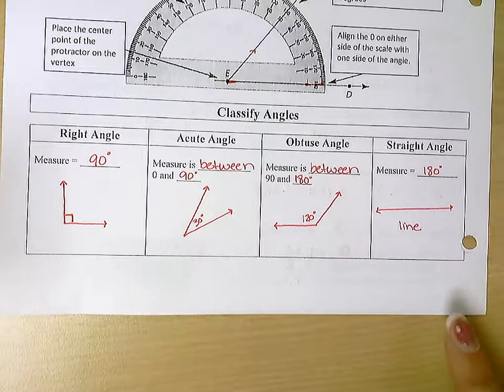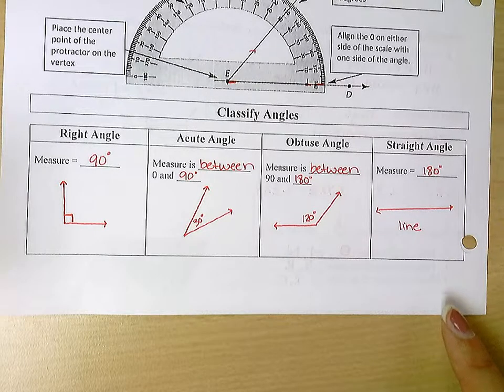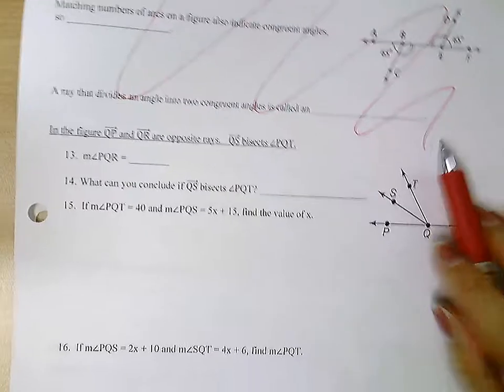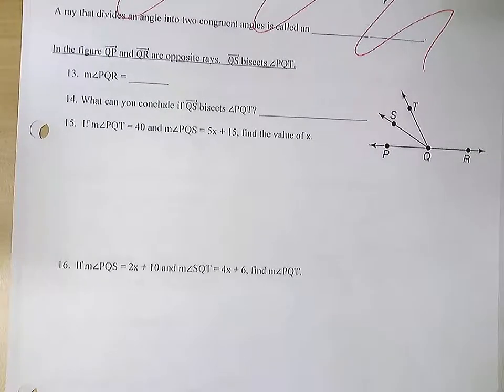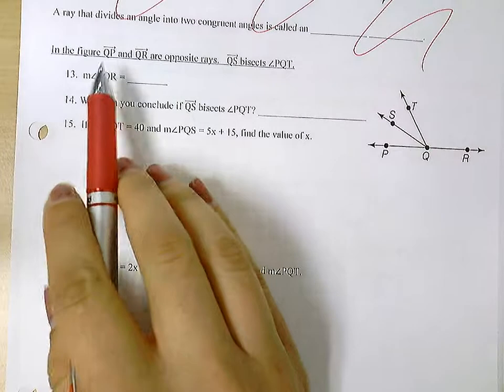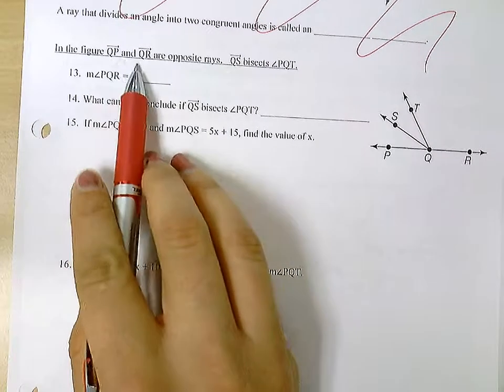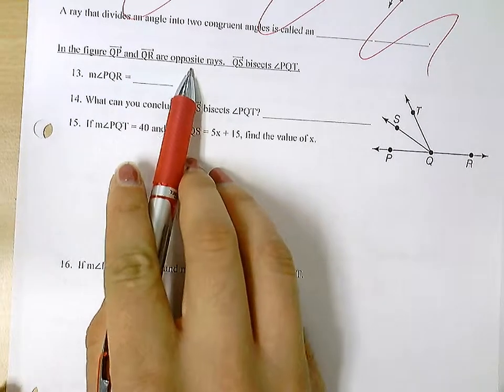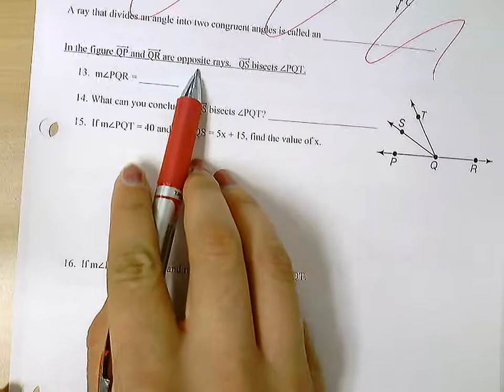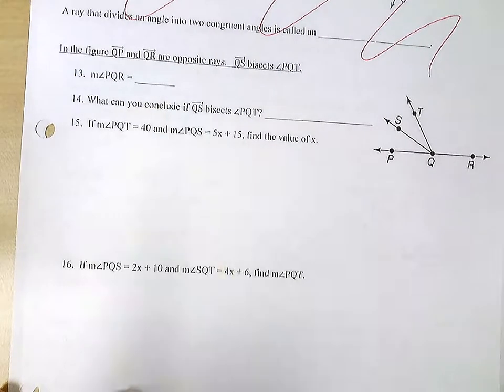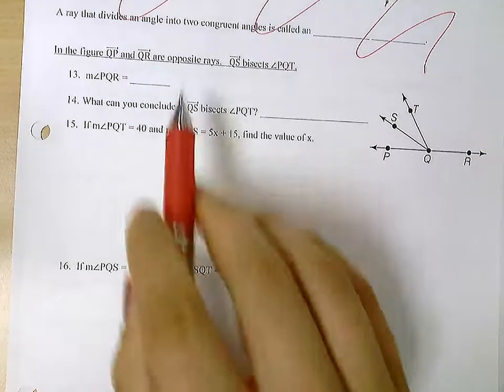All right, questions on our classifying of angles here. Okay, so I do want you to just skip over this top part right here. We're going to do some examples before I let you work here. So in the figure, ray QP and ray QR are opposite rays. Okay, make sure you're reading your directions. They usually give you some clue as to how to solve the problem.